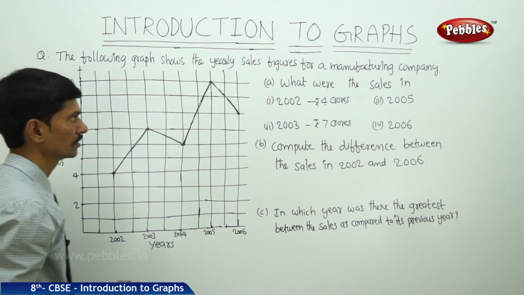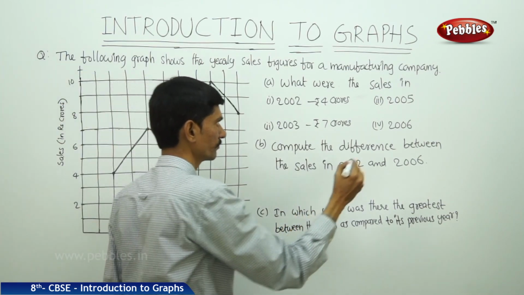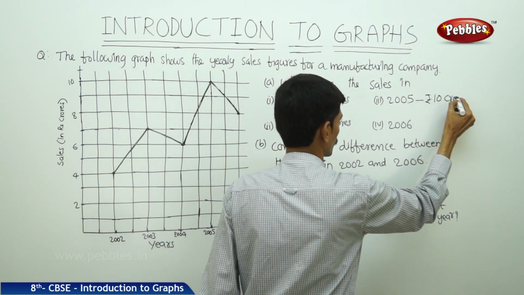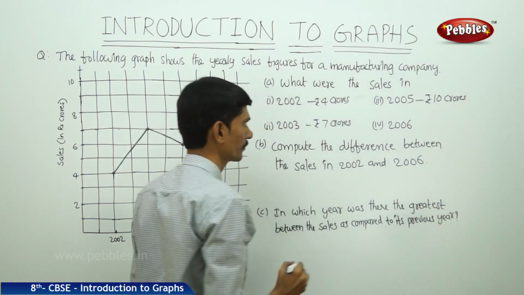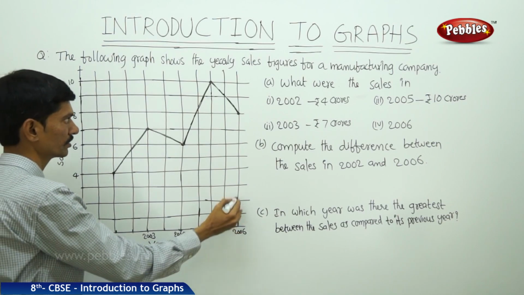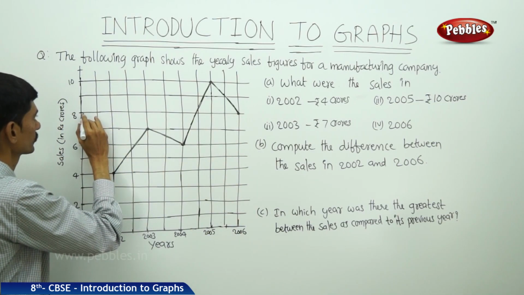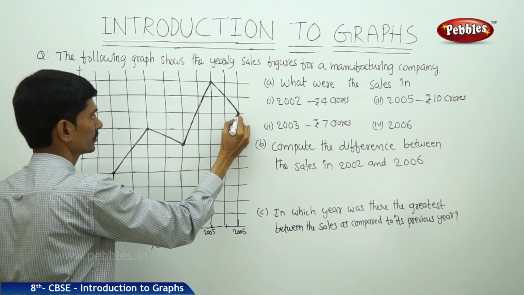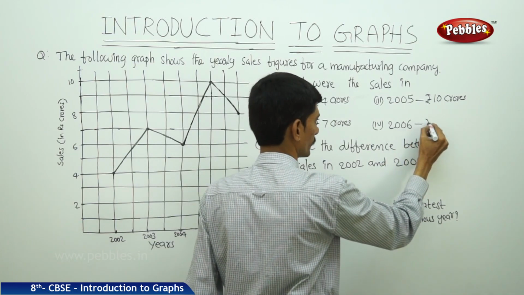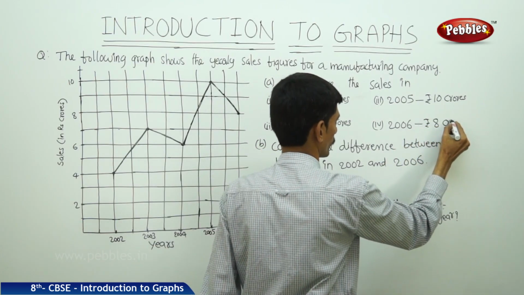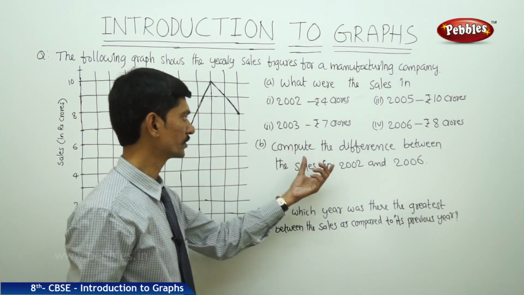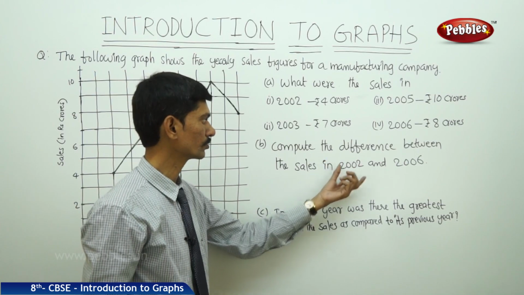So we can say 10 crores rupees of sale in 2005. Next in 2006, 8 crores rupees.